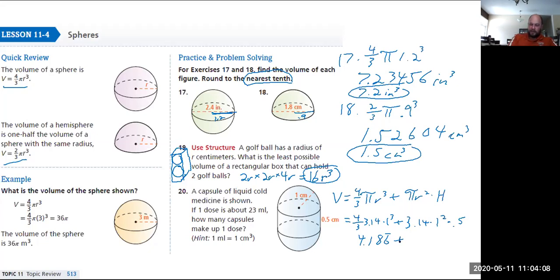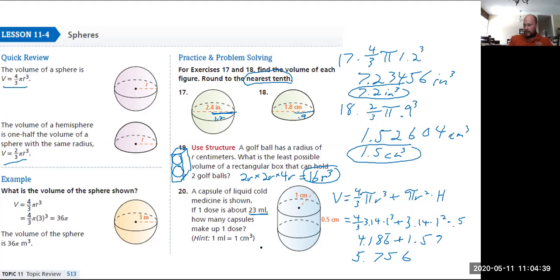For the other part of it, 3.14 times 0.5 is going to give us 1.57. Add those together, we get 5.756.